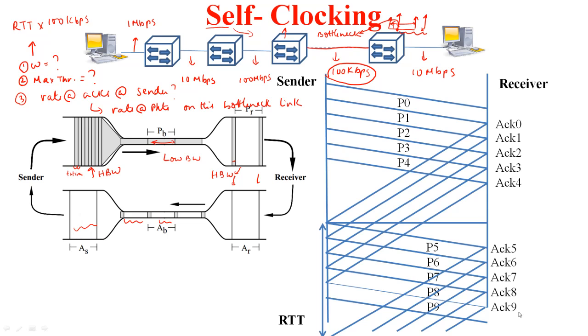So if you see, without doing anything really sophisticated, just by sending packets back to back here in this window, we have figured out what is the bottleneck bandwidth along the path. These ACKs are going to carry that information. By the way, this is an idealization. In this, we have not assumed that there is competing traffic, and so on and so forth.